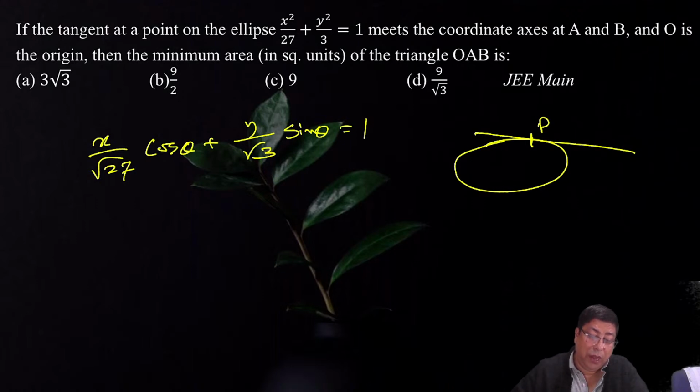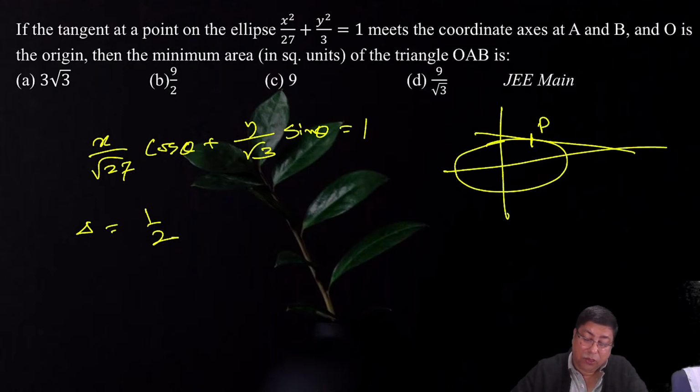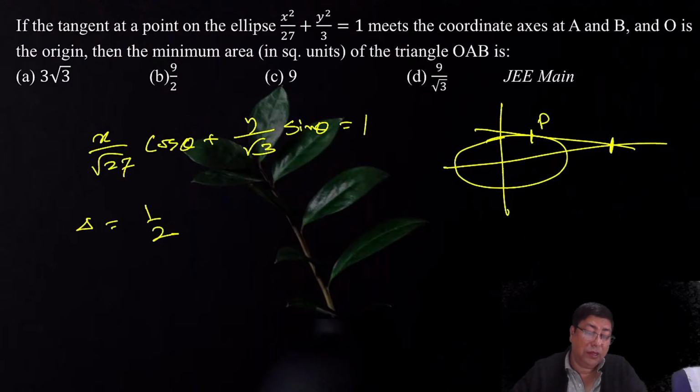So the area bounded is half base into altitude, and this is the point x and y. If we put x equal to 0, we are getting the y coordinate directly, and if we put y equal to 0, we are getting the x coordinate.